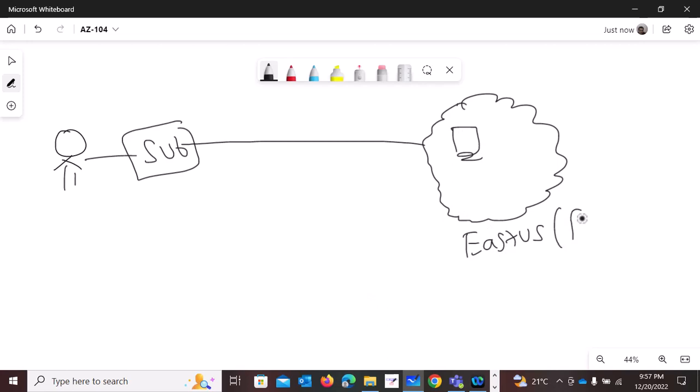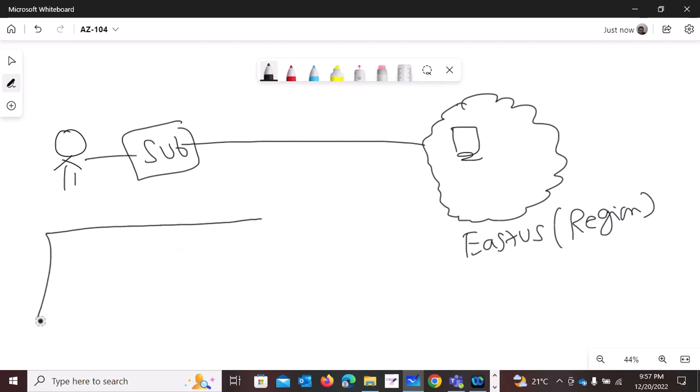East US is one of the region locations. As a best practice, we should deploy a service wherever the customer location is, or very close to it. So if a customer is in the US, we need to make sure the data center is the closest, meaning East US. That's always the best practice.